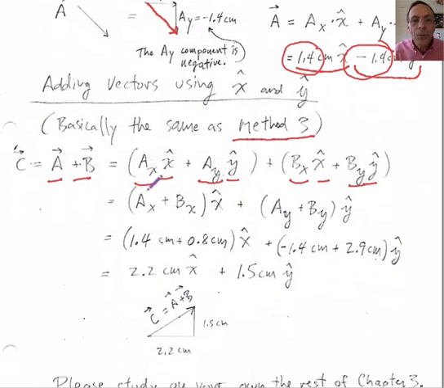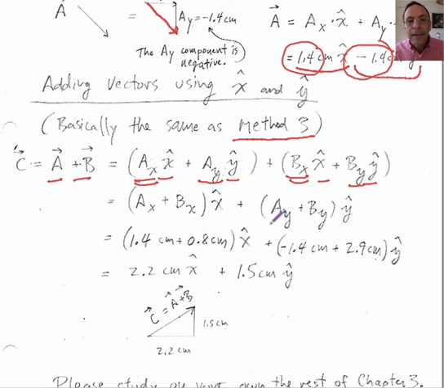All right, and we continue. Now we're going to rearrange things. So we group together things that are multiplying x hat. So what's multiplying x hat? Well, it's a sub x and b sub x. So we have a sub x plus b sub x times x hat.